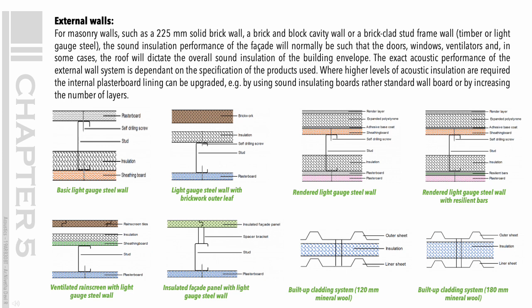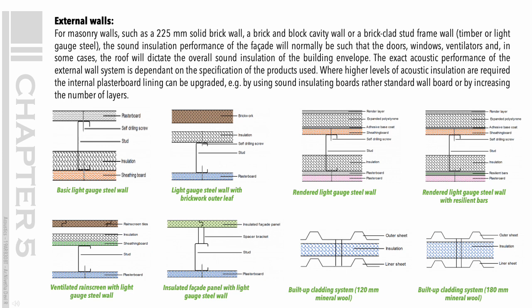External walls. For masonry walls, such as a 225 mm solid brick wall, a brick and block cavity wall or a brick-clad stud frame wall, timber or light gauge steel, the sound insulation performance of the facade will normally be such that the doors, windows, ventilators and, in some cases, the roof will dictate the overall sound insulation of the building envelope.